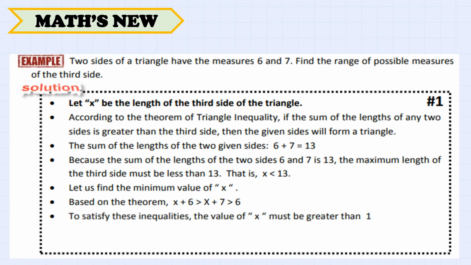So to satisfy these inequalities, the value of x must be greater than 1. So that is x is greater than 1, or 1 is less than x. And therefore, the range of x is 1 is less than x, but x is less than 13.